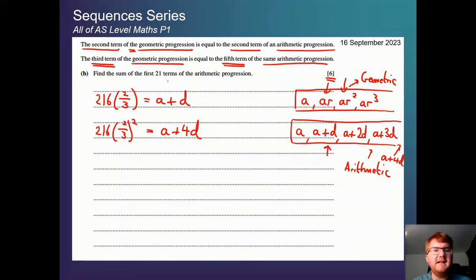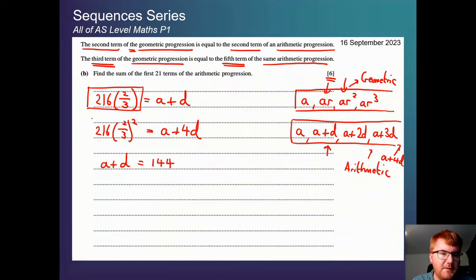Now we're just going to do some work out on our calculator. If we do 216 times 2/3, again we're just going to use the calculator to do this for us, we get 144. So because this is equal to 144, a plus d is equal to 144.